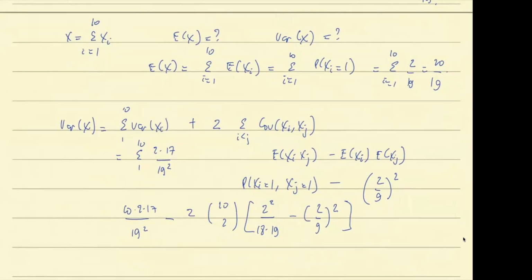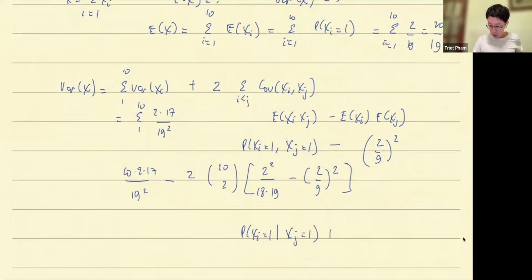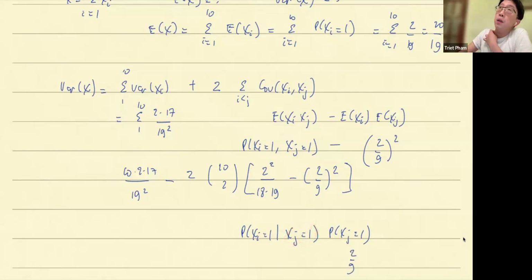Could you also do a conditional probability for the probability xi equals 1 and xj equals 1? Haven't thought of that. So you want to do it like this? Yeah. And this is 2 over 19. Condition on one couple being next to each other, what's the probability the other couple is next to each other? So basically you have 2 units apart already, and you want to look at the remaining ones.